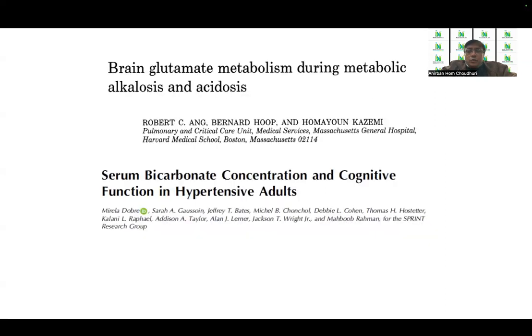Two things should be known very clearly. Brain glutamate metabolism is affected during both metabolic alkalosis and acidosis, and whenever brain glutamate metabolism is affected, cognitive function gets affected. Besides that, serum bicarbonate concentration and cognitive function are also related in hypertensive adults. That is, if a patient is already hypertensive, an increase in serum bicarbonate concentration following metabolic alkalosis can produce a decline in cognitive function.